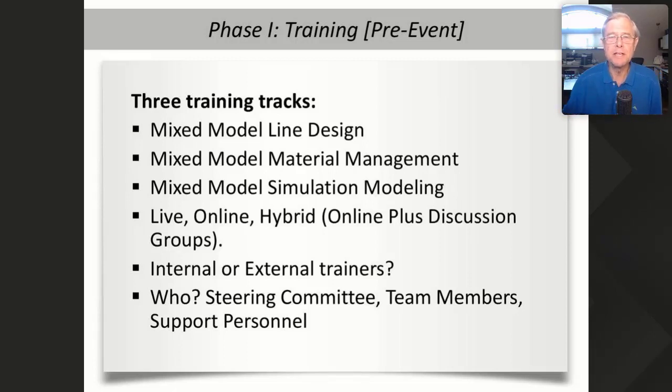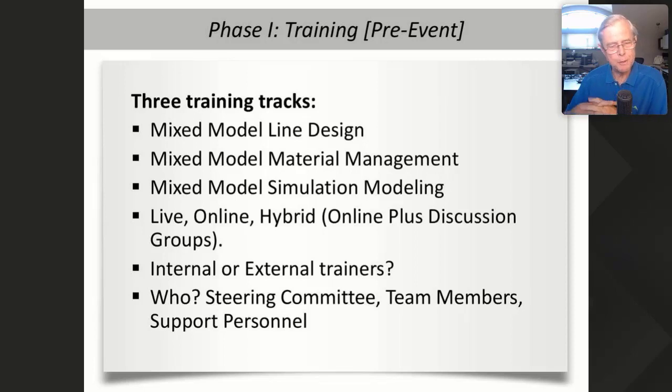In the final presentation, the team was very proud and presented these ideas they wanted to implement. And at the end, the plant manager stood up and said, well, thank you for your hard work and really interesting ideas, but we're not going to do any of this because I don't really agree with it. So you don't want that, right? You want the steering committee folks to know and understand the strategy.